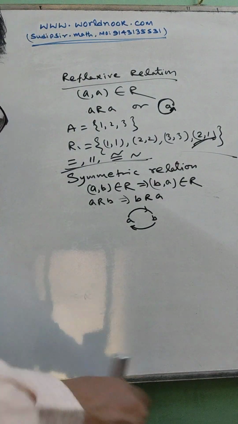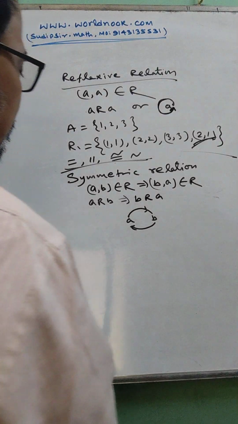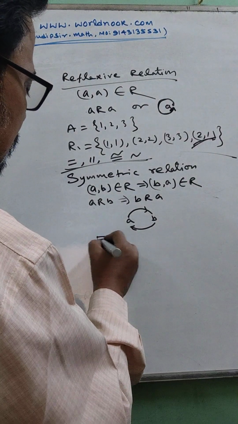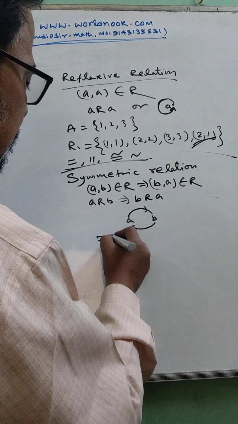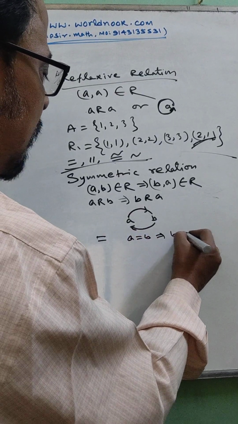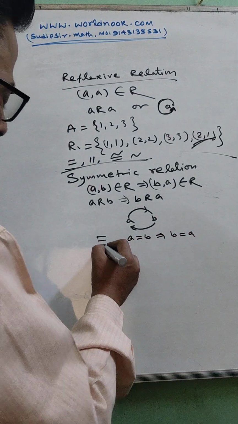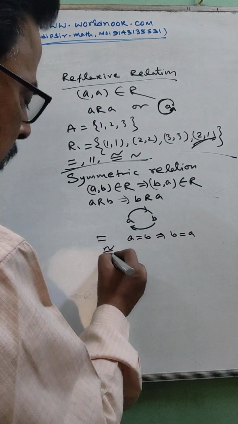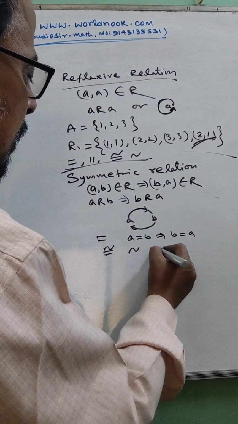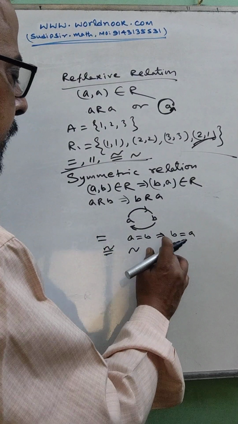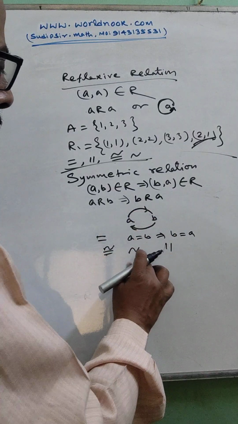For example, A equal to B implies that B equal to A. Equal to, similar to, congruent to, parallel to, these all are symmetric relations.